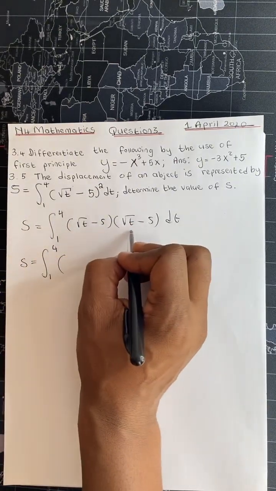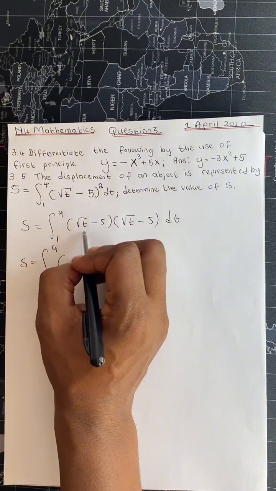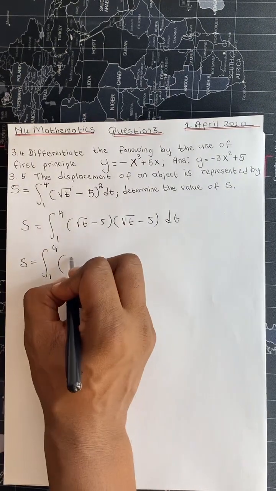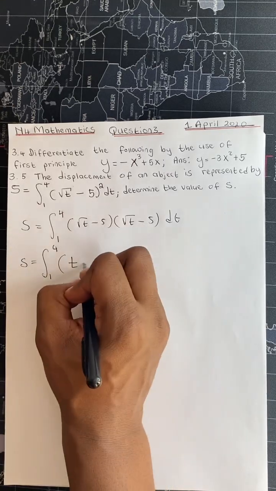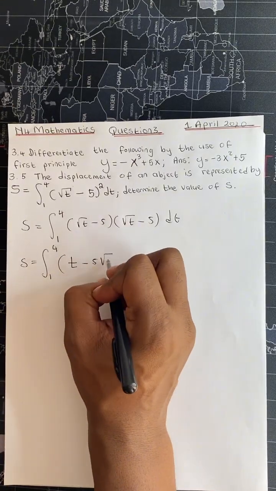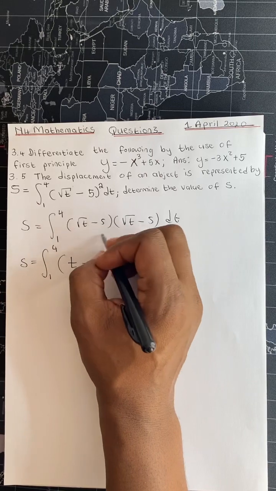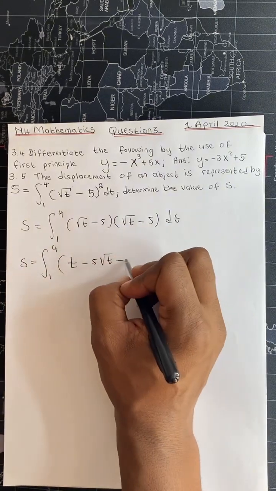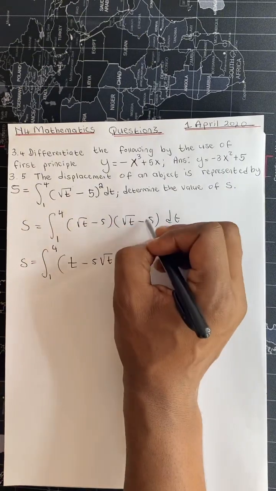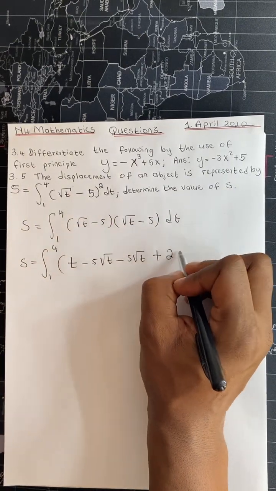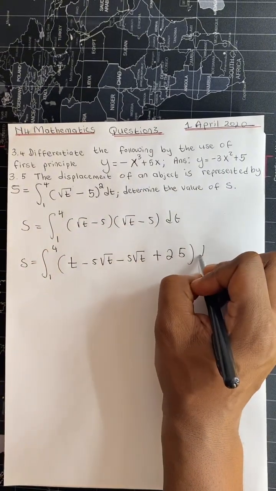simplify the factorization. So the square root of t multiplied by the square root of t will be equal to t, then the square root of t multiplied by negative 5, and negative 5 multiplied by the square root of t will also be equal to negative 5 the square root of t. Negative 5 multiplied by negative 5 will be equal to positive 25 dt.